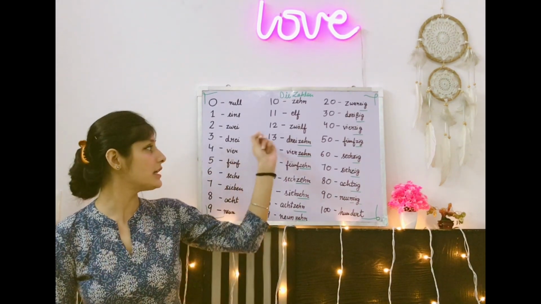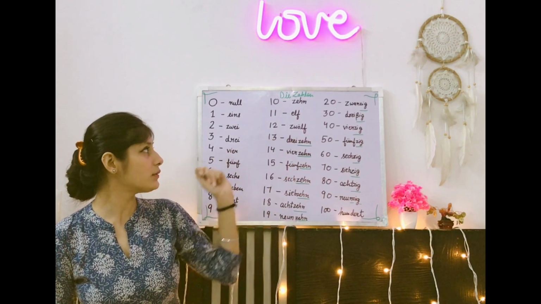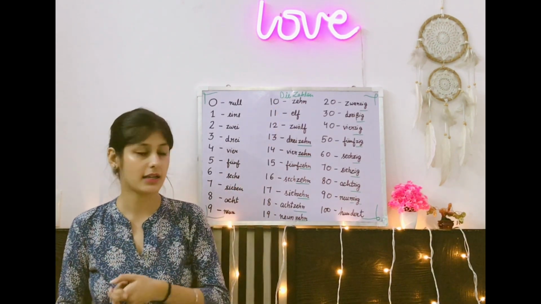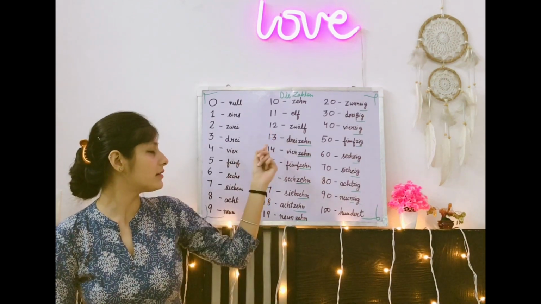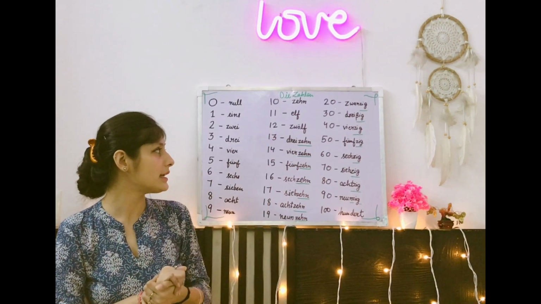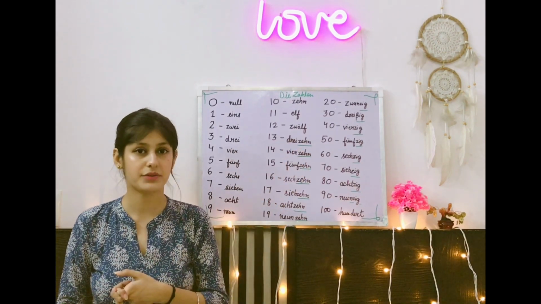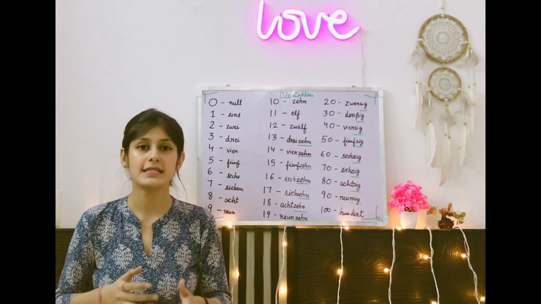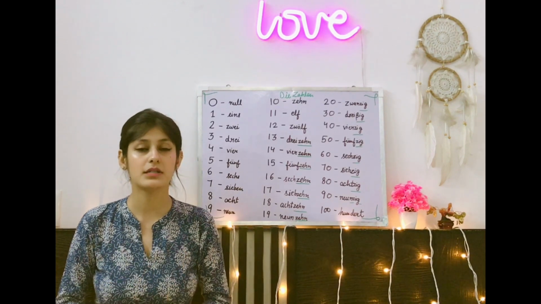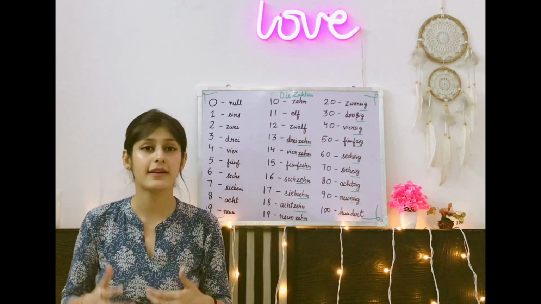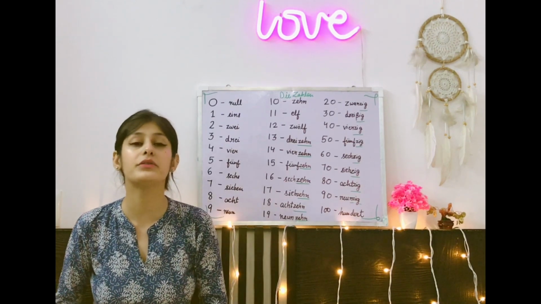So as you can see here, we know that 10 is zehn. Now here 13 is dreizehn. Now there's a trick which you have to just focus on. There are some numbers which you have to learn, but whenever it is possible to use a trick, we would use it.